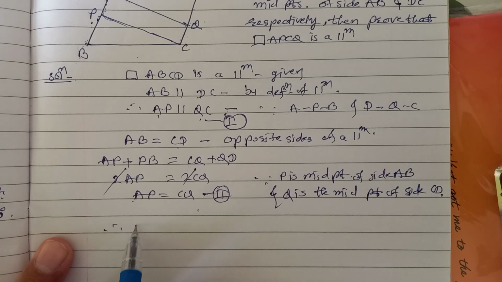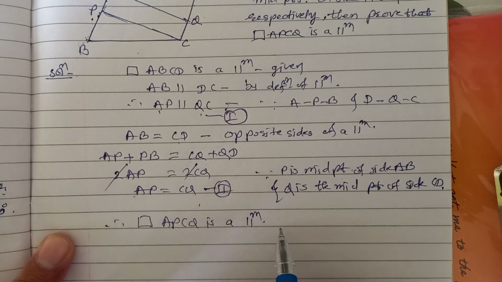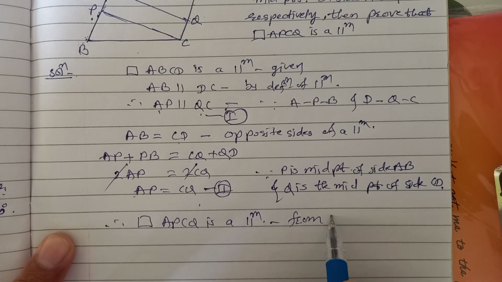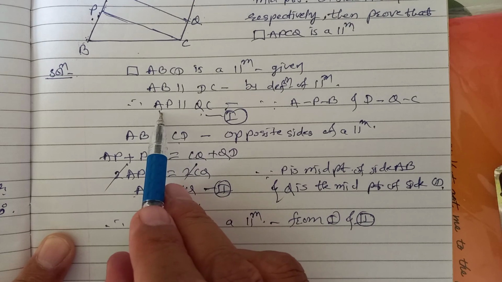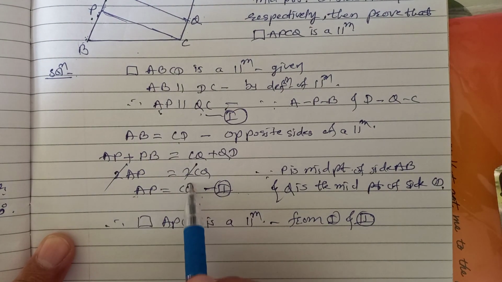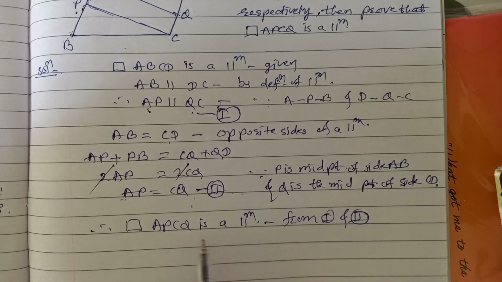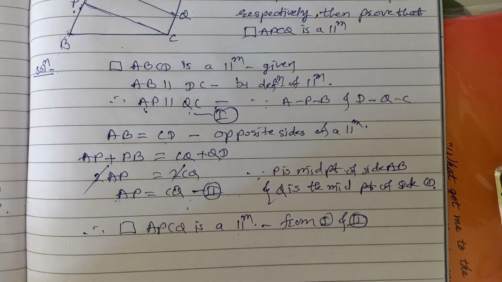Parallelogram. Therefore quadrilateral APCQ is a parallelogram. Because what? From first and second, because in the first we have shown these two are parallel, and in the second we showed that the parallel sides are also congruent. So if opposite sides are parallel also, congruent also, then that is a parallelogram.